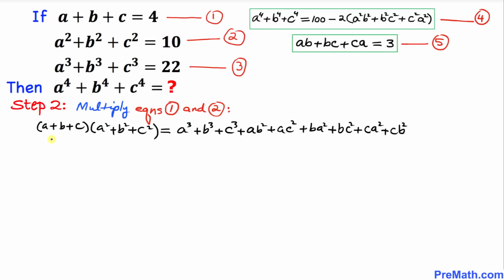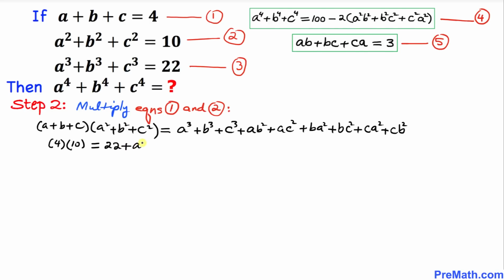So this could be written on the left hand side as 4 times 10 equals 22 plus AB square plus AC square plus BA square plus BC square plus CA square plus CB square.